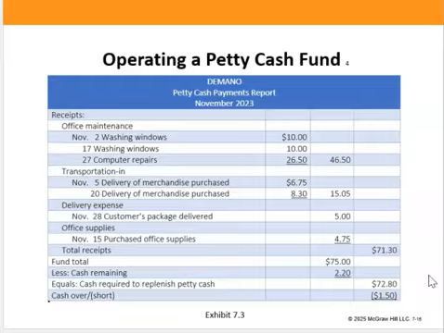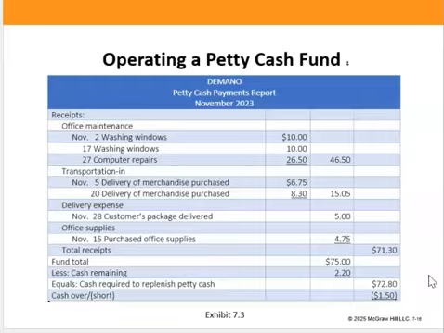Instead of calling it transportation in, they're calling it delivery expense for $5. And then we purchased office supplies for $4.75. Once all of those are added up, we have total receipts of $71.30. That's the amount that we need to balance to. Now we have a line called fund total. We know the fund was originally $75. The cash we have remaining is $2.20.